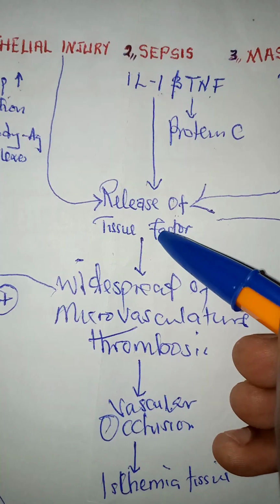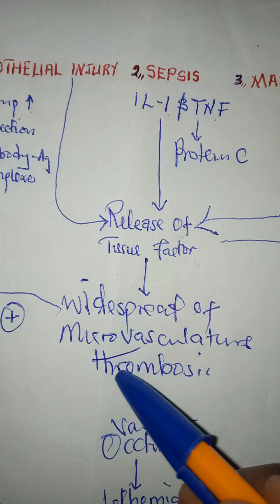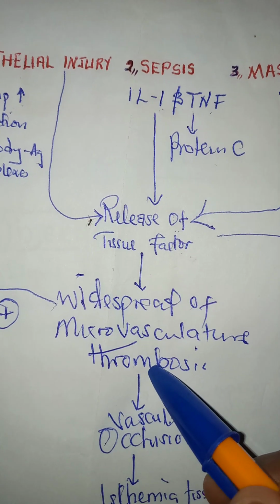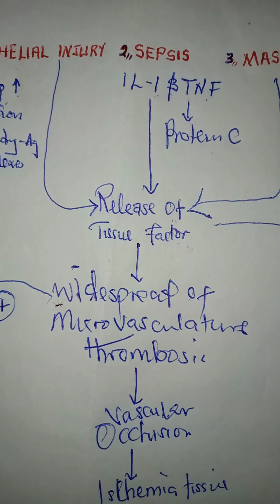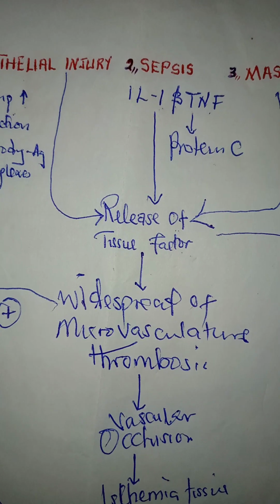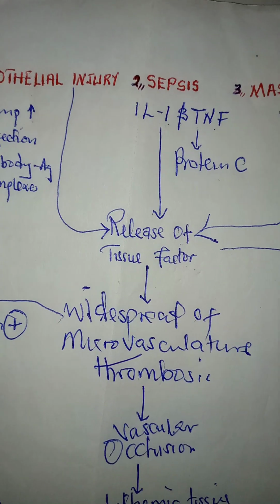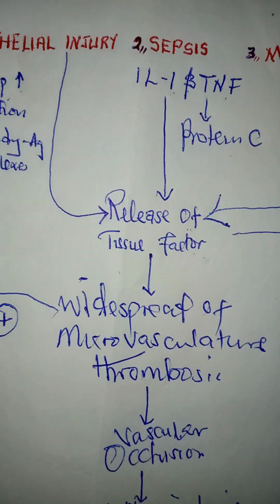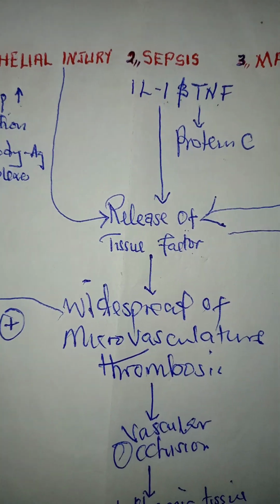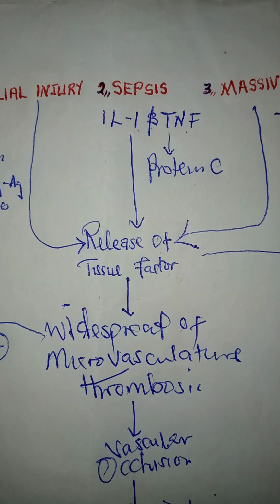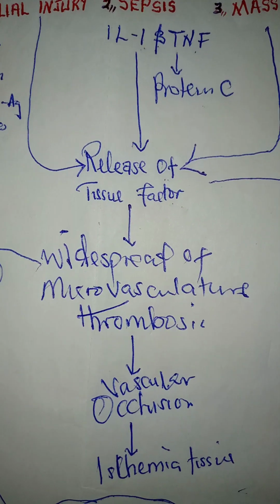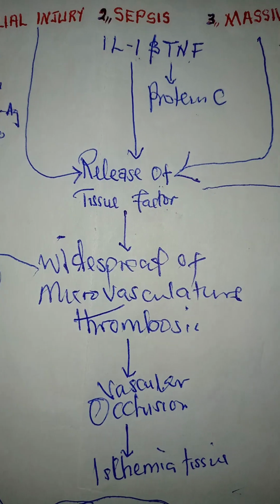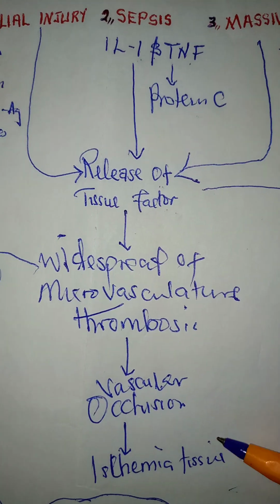So from there, what you see is that we have thrombosis. Now this is widespread, right? This is widespread thrombosis, which is in the microvasculature, right? So this is what is happening. Okay, so apart from that, we know that if we have widespread microvasculature thrombosis, this will basically lead to vascular occlusion, right?